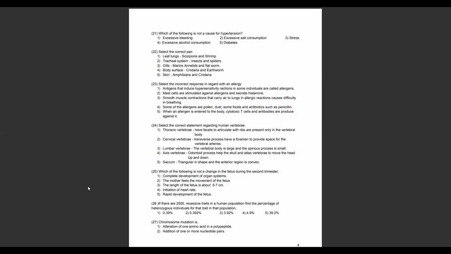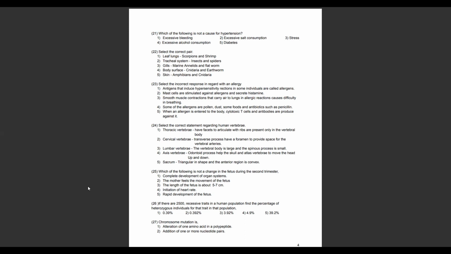Some of the allergens are pollen, dust, some food and antibiotics such as penicillin. That is correct. When an allergen enters the body, cytotoxic T cells and antibodies are produced against it. Right? Cytotoxic T cells, not. Antibodies are produced. So here the answer should be the fifth answer.